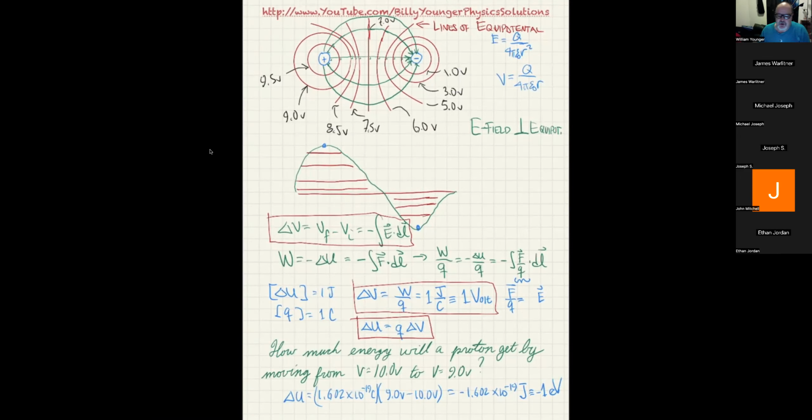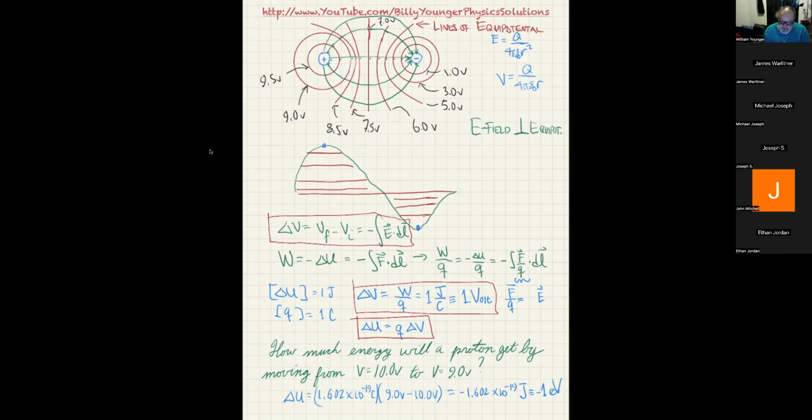So if you stuck a proton at a 10 volt site, and nothing was holding it still, it could reach a 9 volt site, and it's going to go from the 10 volt site to the 9 volt site and be more comfortable. So its potential energy will have dropped, which is why we got the negative.